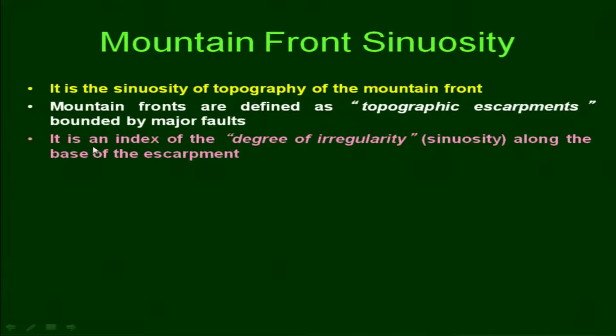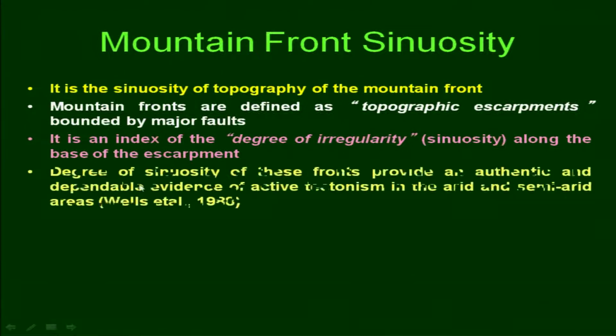So, it is the index of the degree of irregularity. If you have sharper fronts, then you will have less irregularity or sinuosity, but if you have highly irregular fronts, then the erosion is more, and that area has remained quiet for a long period. So, it is the index of the degree of irregularity, or sinuosity, along the base of the escarpment.